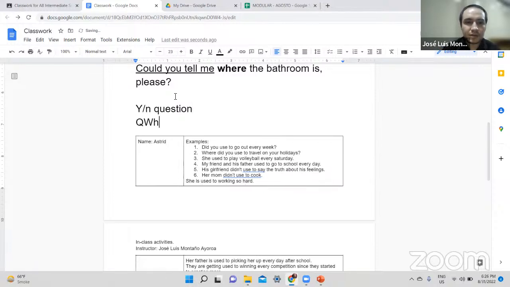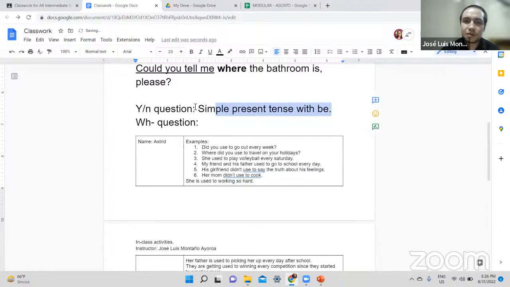Okay, and this is going to be WH or interrogative question. All right, so you're going to write, for example, the first tense is going to be the simple present tense with be.